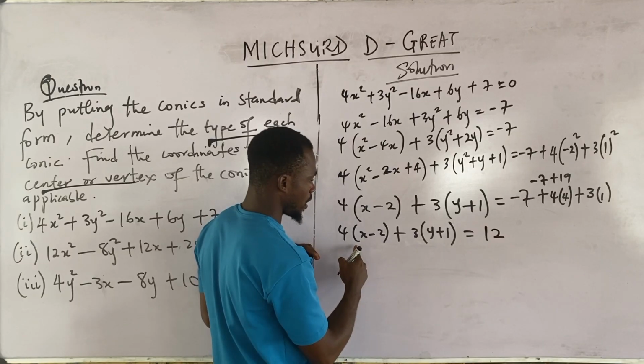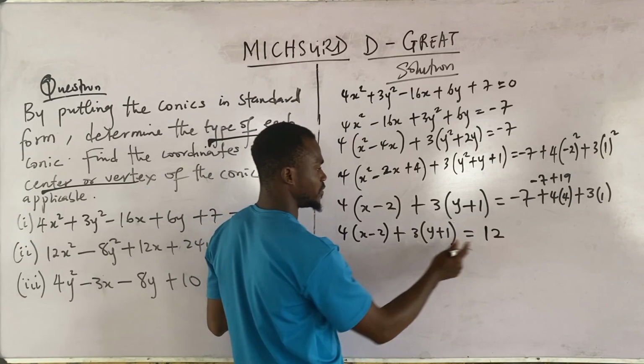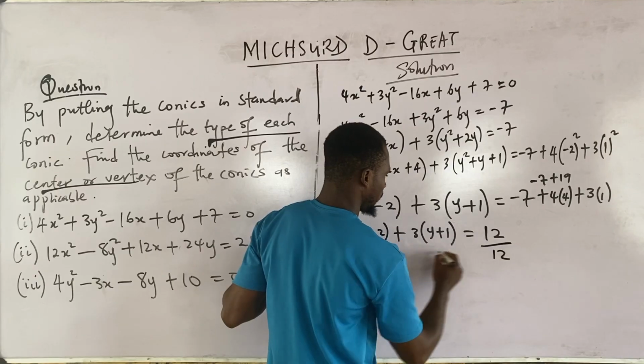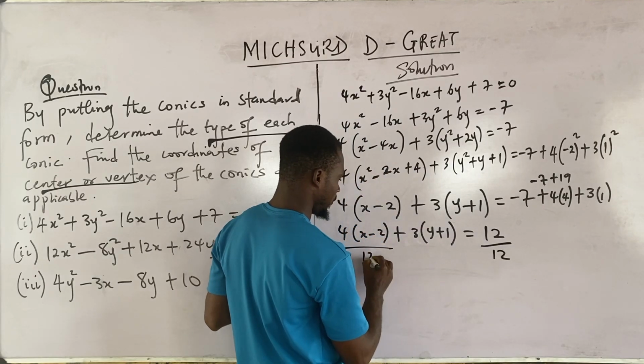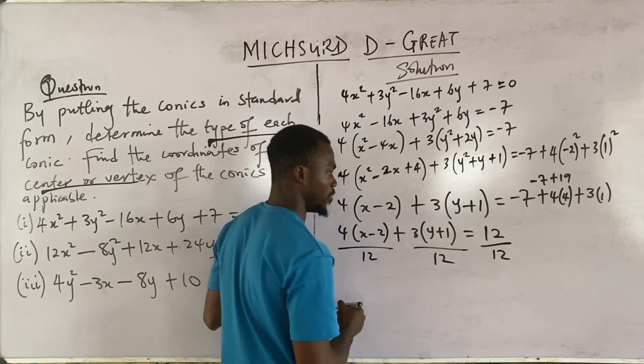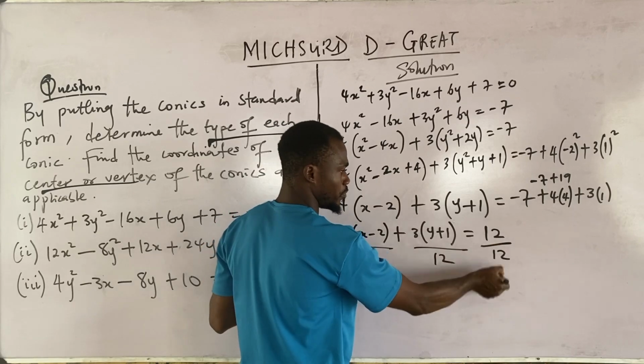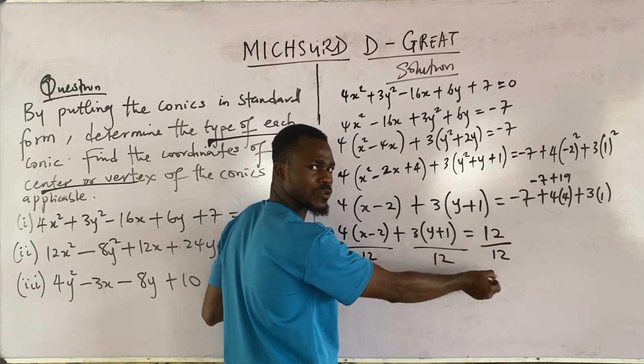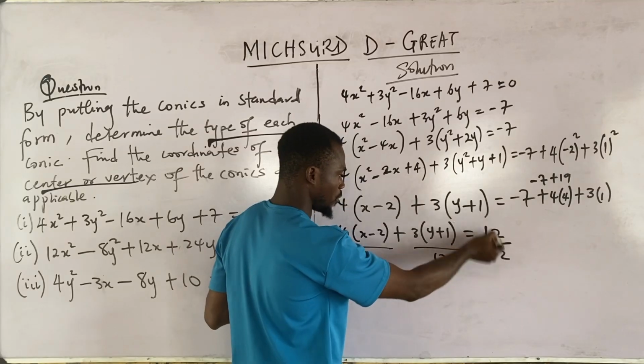So here I want to divide through by 12. I will divide here by 12, and I will also divide here by 12. The idea is to make sure that the value we have on the right will be 1. 12 divided by 12 is 1.